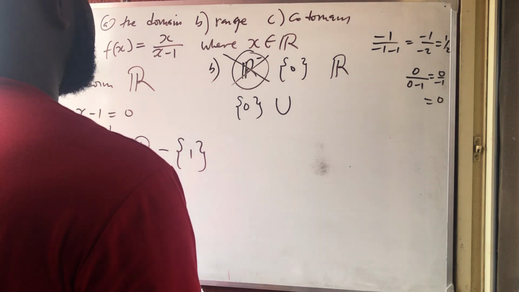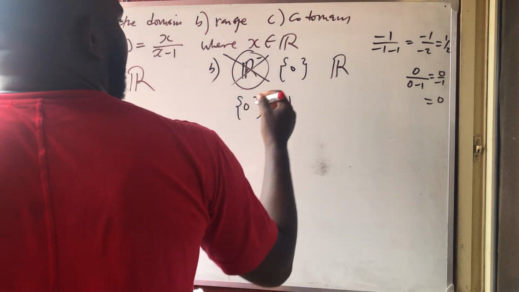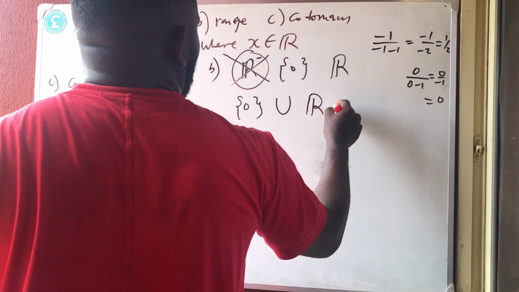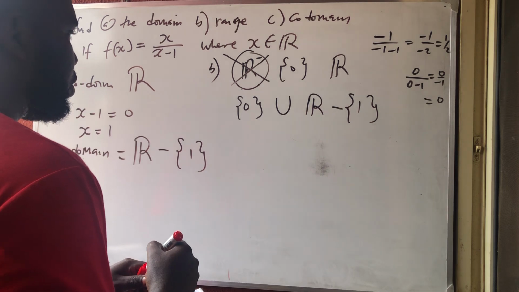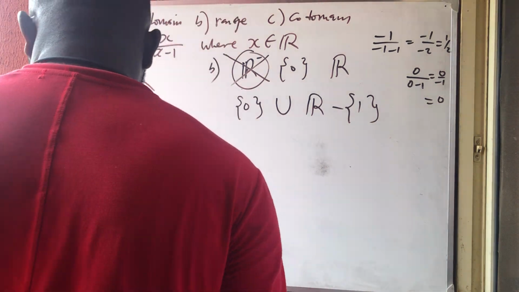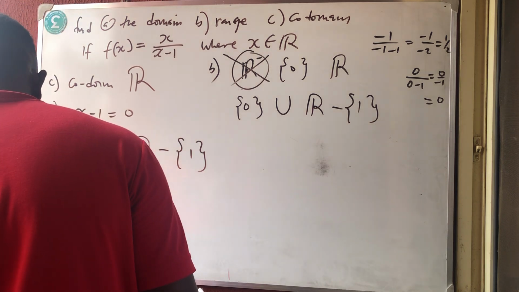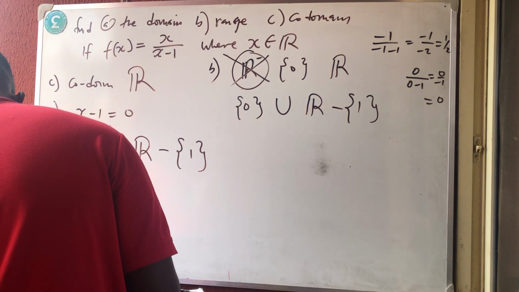Yes, we can get other positive. If I put 2 here, 2 over 2 minus 1, so I'm getting 2. So we can get other positive, but we cannot get 1. We cannot get 1 as an answer. So my answer is 0 union real number, then minus 1. Okay? So that is my range.